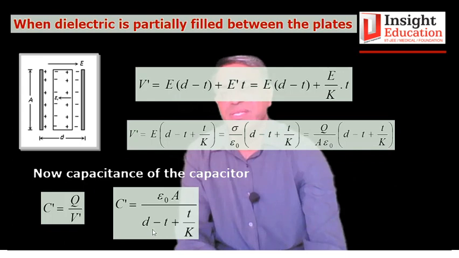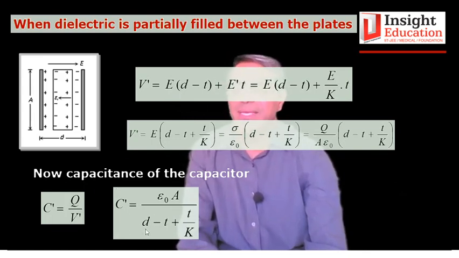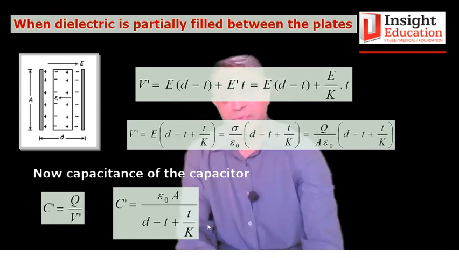And this value D minus T plus T by K is called the effective distance. So in the normal equation, you can replace D by D minus T plus T by K. So this is called the effective distance.